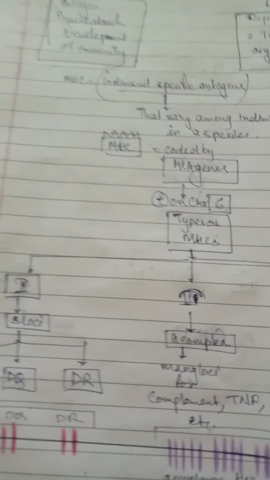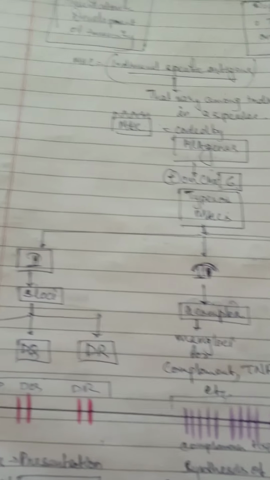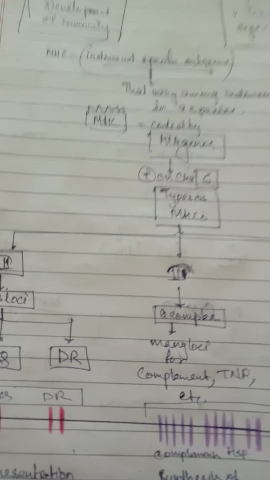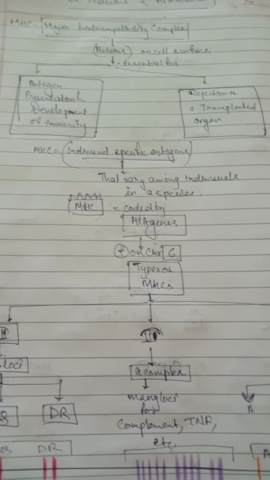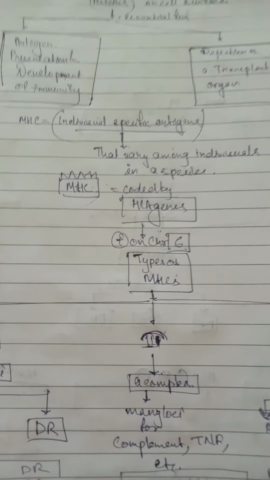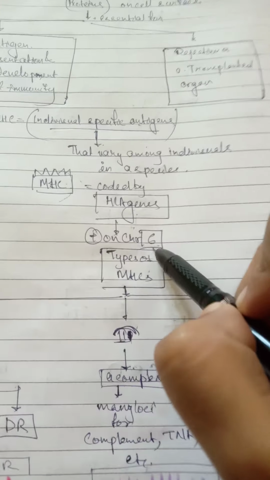So MHCs are something which provide an individual his individuality in the form of individual specific antigens. These MHC proteins are coded by the HLA gene, present on chromosome number 6 of every individual.